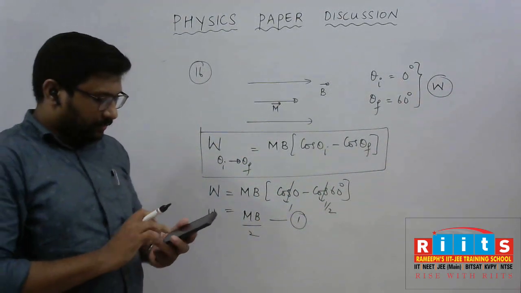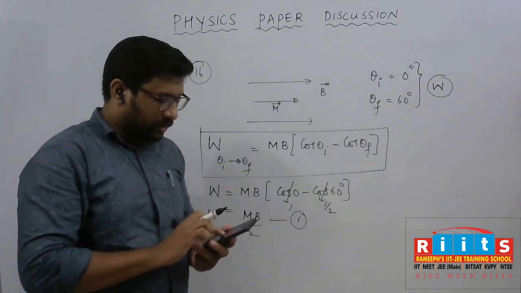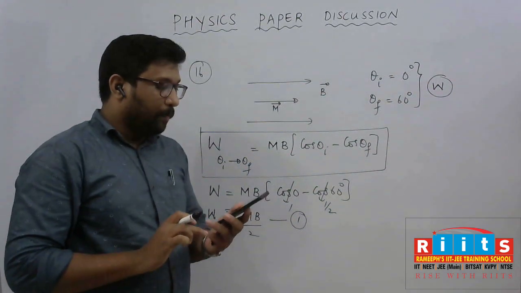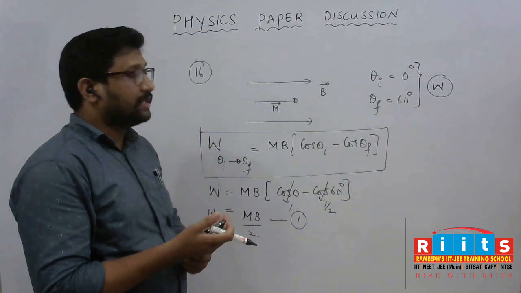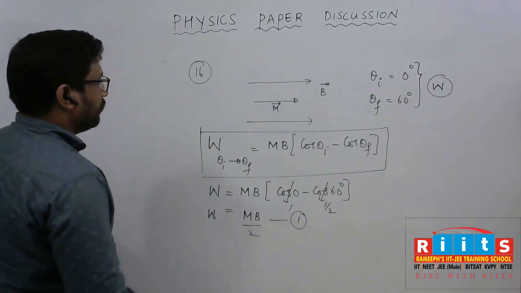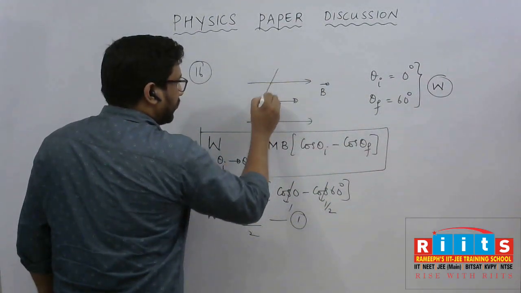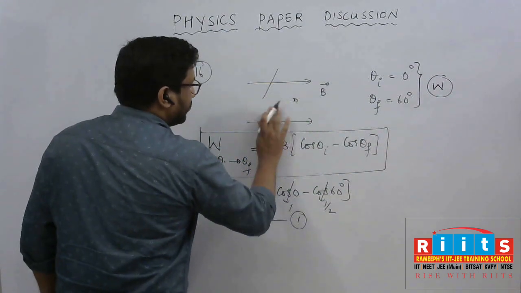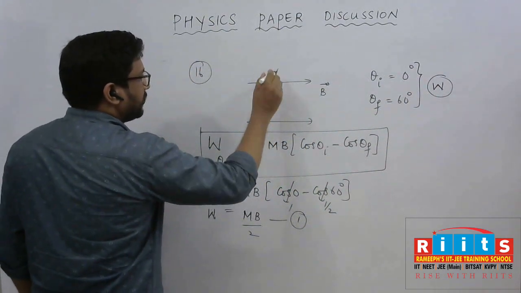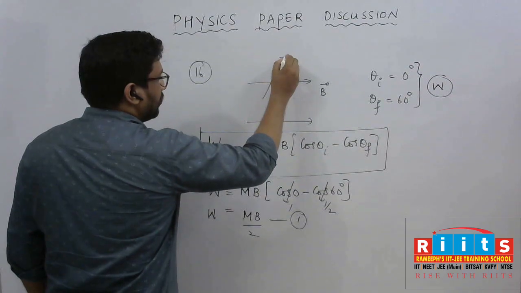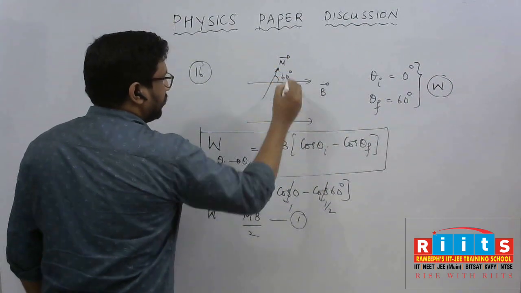But the question asks for the value of the torque required to maintain the needle at the final position. Finally, after turning the needle by 60 degrees, it makes an angle of 60 degrees with the field.